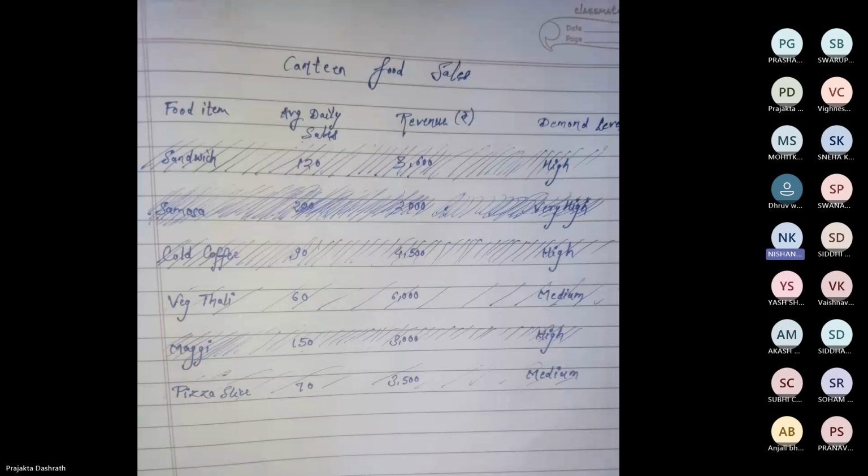Ma'am, I took the canteen food sales domain, then the grains of food item and average daily sales and revenue. On behalf of that, I predicted the demand level and highlighted the high ones with lesser strokes than the very high ones. That's it.